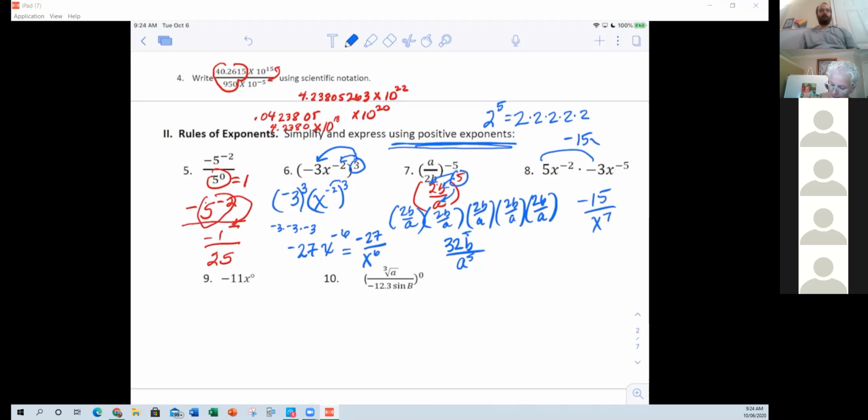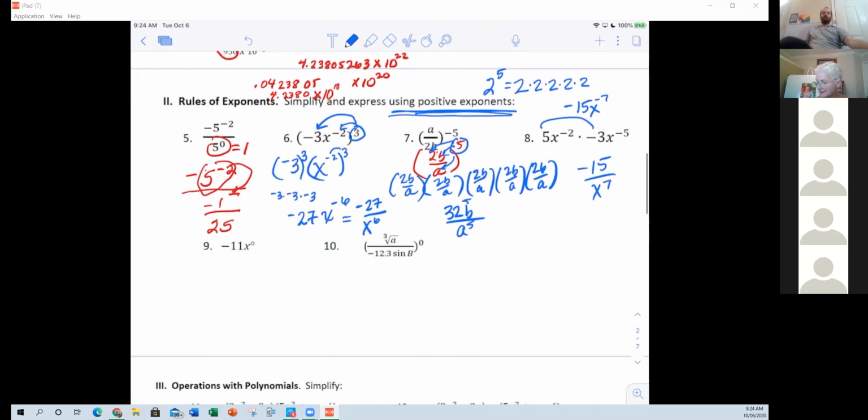And then turned it into the fraction so that the negative exponent would go away. Great, great, great. So she just multiplied the 5 and the negative 3, got negative 15. Then she multiplied the x to the negative 2nd, x to the negative 5th, and got x to the negative 7th because you add the exponents. And then to get rid of that negative power, she flipped it down into the bottom.